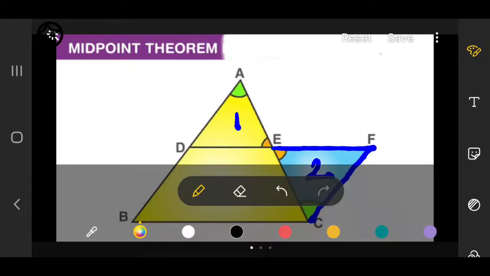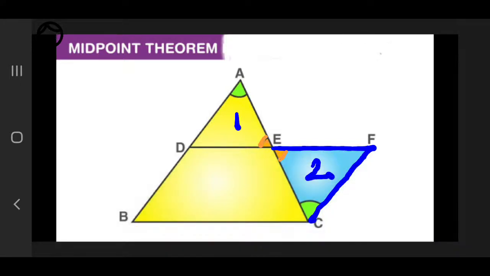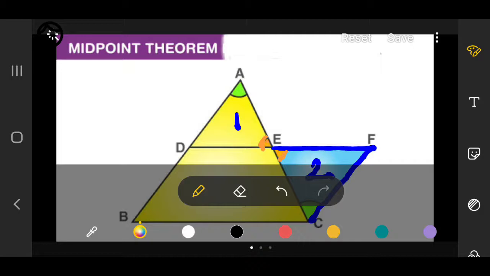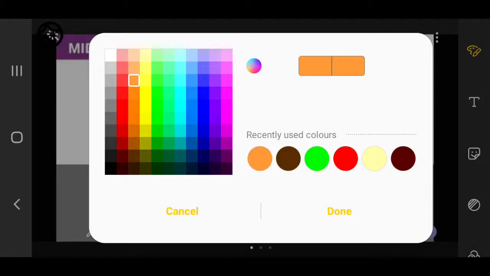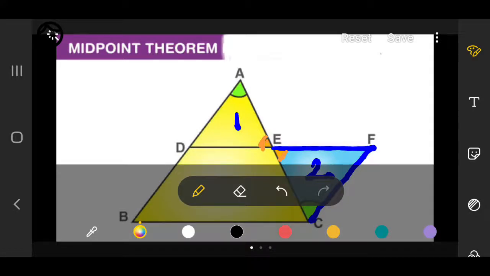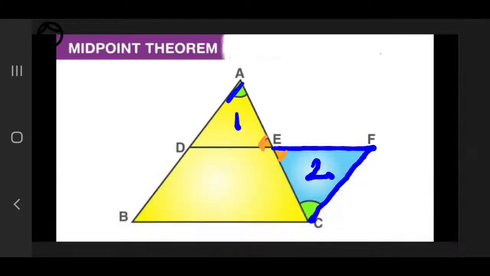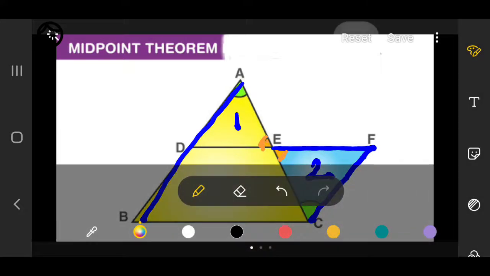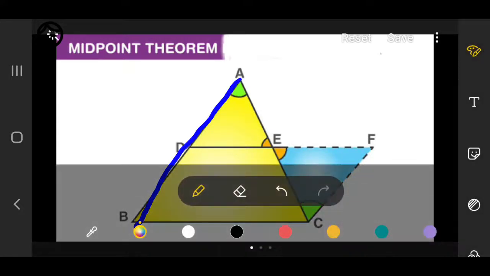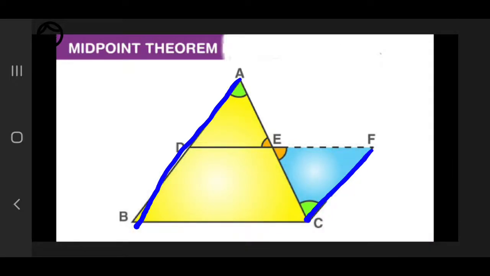So these two angles are equal. Next, we know that AB is parallel to CF, and AC is the transversal for these two parallel lines.